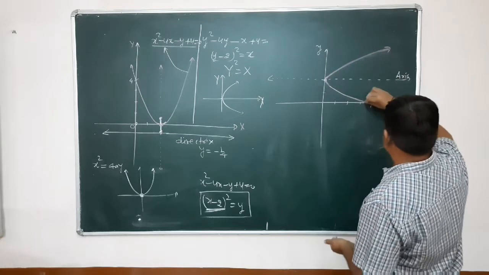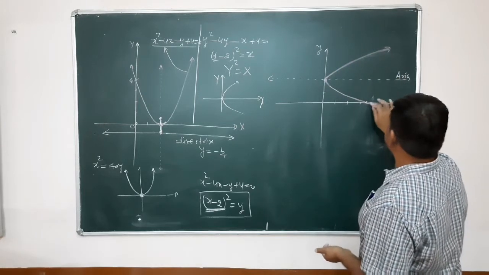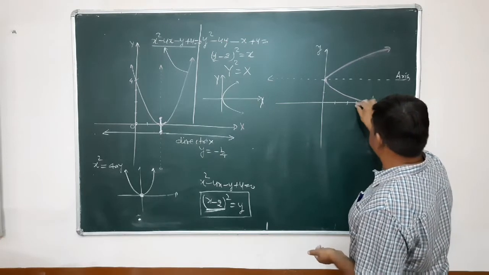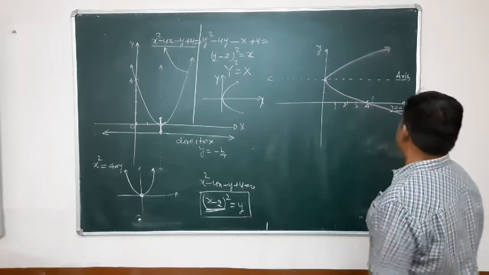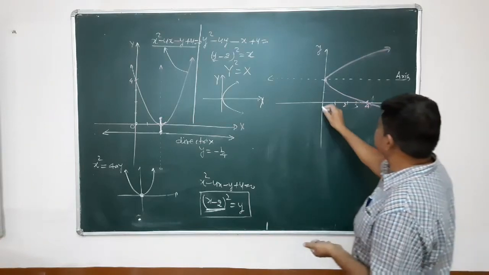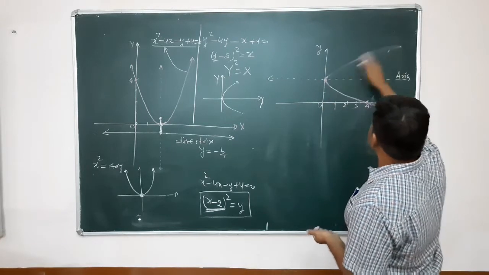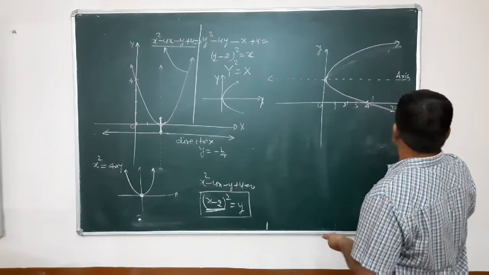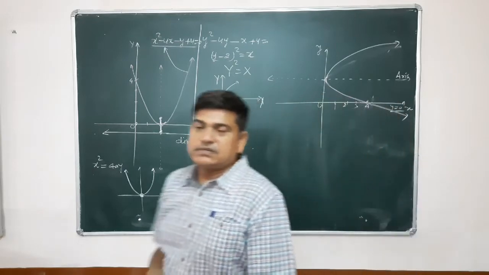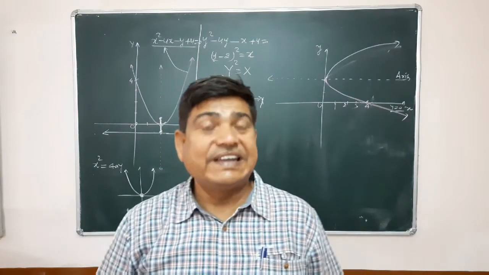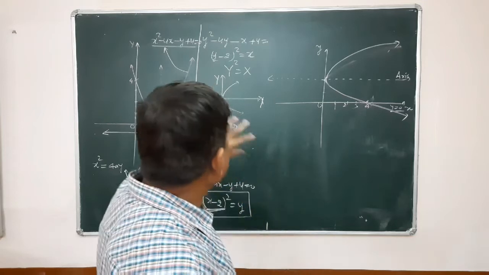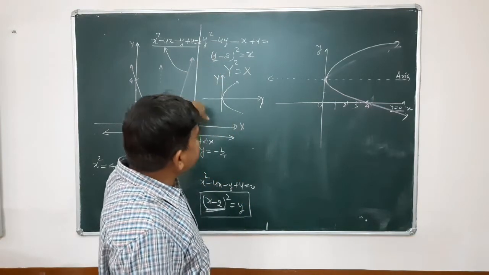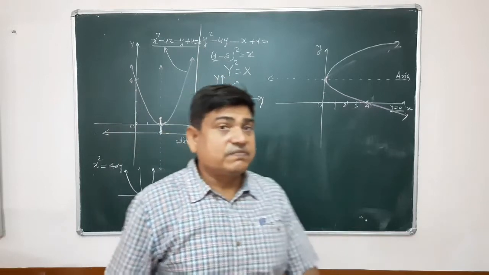This is 4, 3, 2. So this is the shortcut. This is the technique to draw the graph of the equation of a parabola if it can be reduced into the standard form.